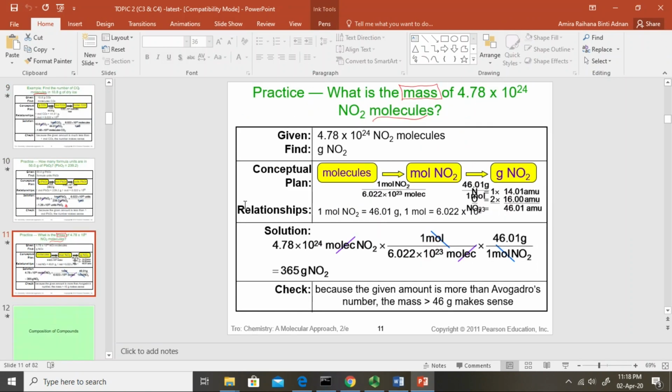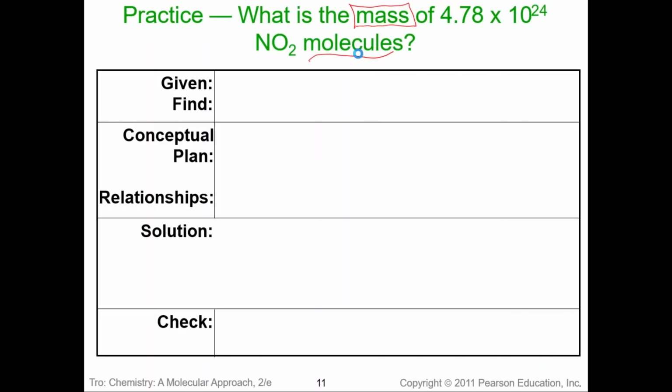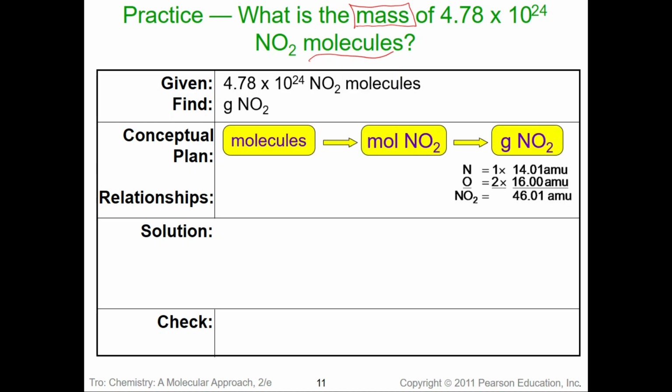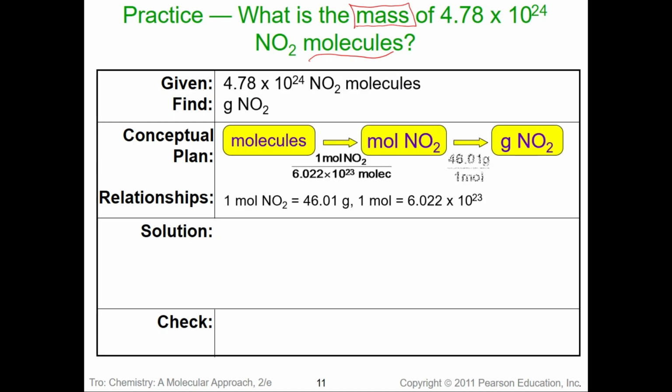So refer to the last example here. What is the mass of 4.78 times 10 power of 24 molecules? If you remember the concept from molecules to mass, you divide with Avogadro, because this is from molecules and you want to find mole.